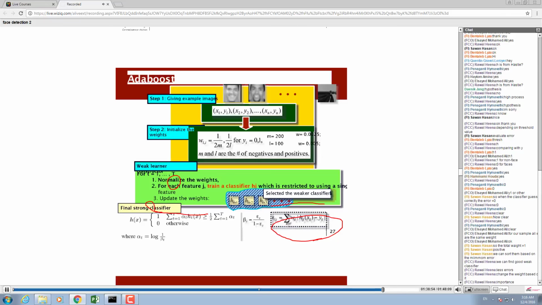This large T, the number of iterations, is given by the engineer. It depends on how many weak classifiers you want to select. So basically, this loop is selecting good weak classifiers. In the first loop, we select one.